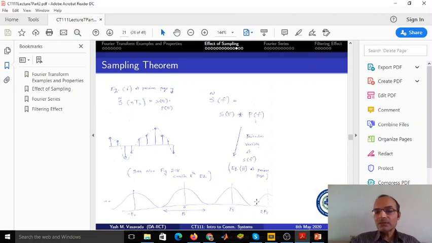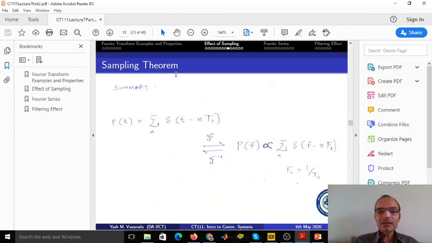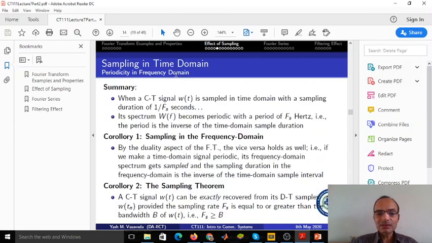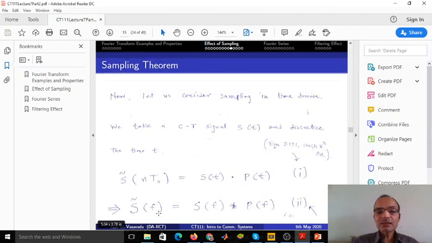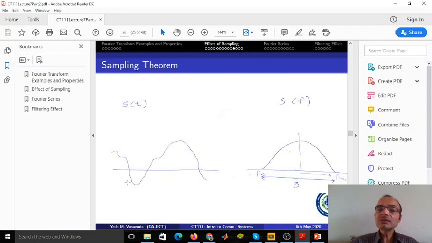The last thing that we will do before we conclude this video is known as the sampling theorem. Remember the sampling theorem that we had written over here, that a continuous time signal can be exactly recovered from its discrete time samples provided that the sampling rate is equal or greater than the bandwidth B of that signal. What this sampling theorem says is that suppose I have this s of t which is continuous in time.